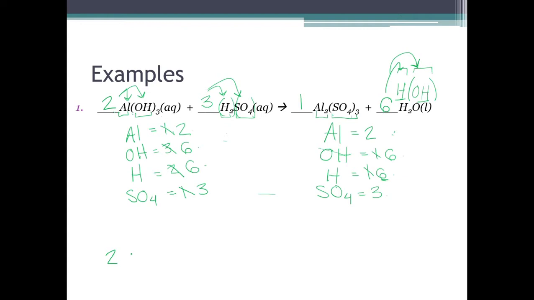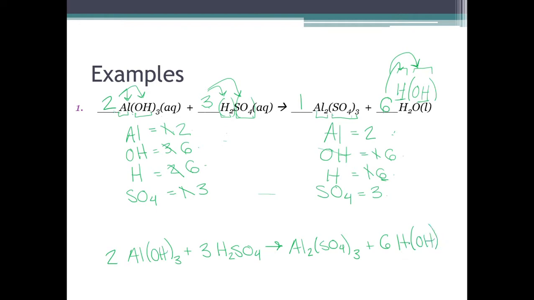when 2 aluminum hydroxide react with 3 sulfuric acid, it produces 1, and I'm actually not going to write the 1, it produces 1 aluminum sulfate and 6 HOH.